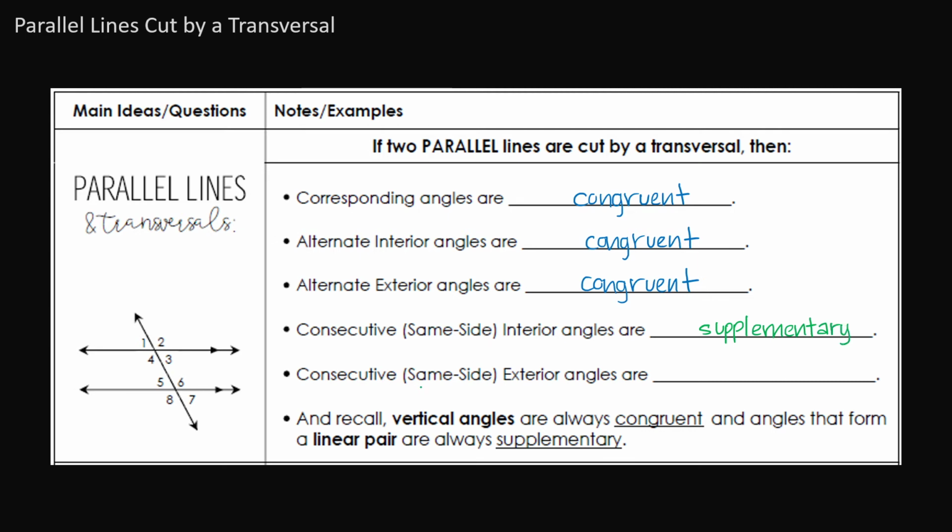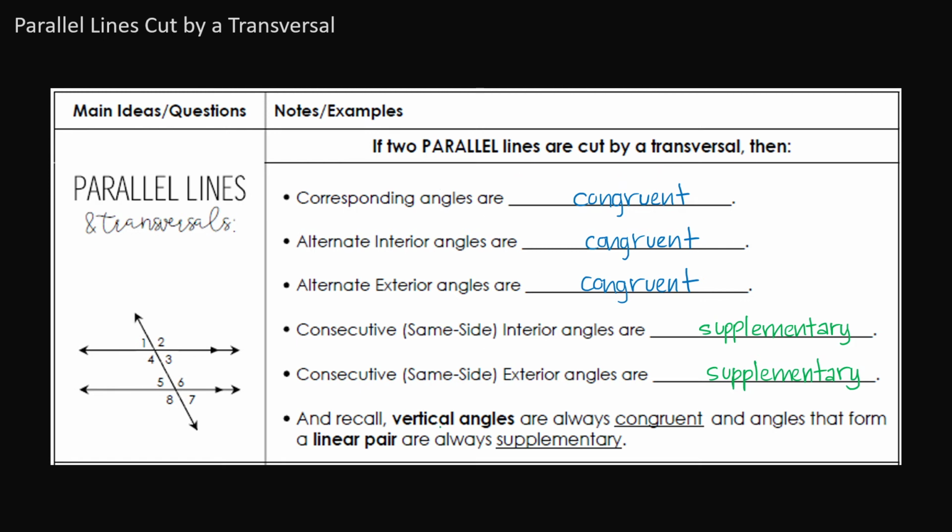And the same goes for same side exterior angles, like angles 2 and 7. Angle 2 you'll notice is obtuse. Angle 7 is acute. This won't always be so obvious, but angles 2 and 7 will always be supplementary. This is always the relationship between these specific pairs of angles when two parallel lines are cut by a transversal.